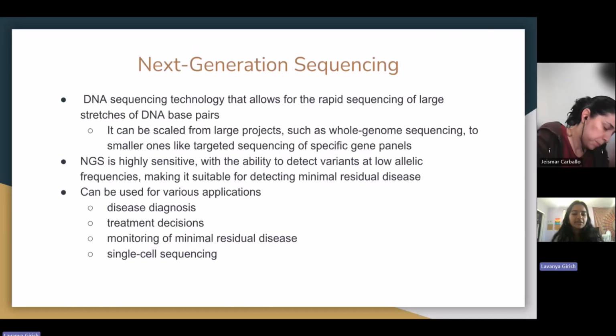NGS is really sensitive, so it can detect low allelic frequencies, so it's suitable for detecting minimal residual disease. And it has many applications in treating AML. It can be used for disease diagnosis, treatment decisions, monitoring of the disease, and single-cell sequencing.